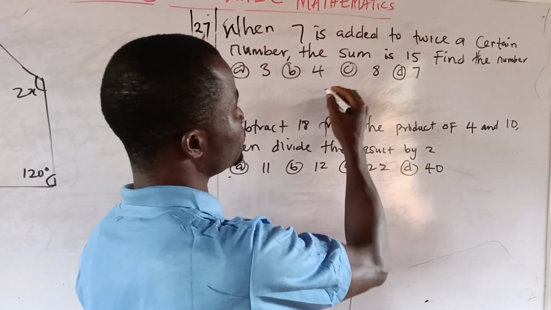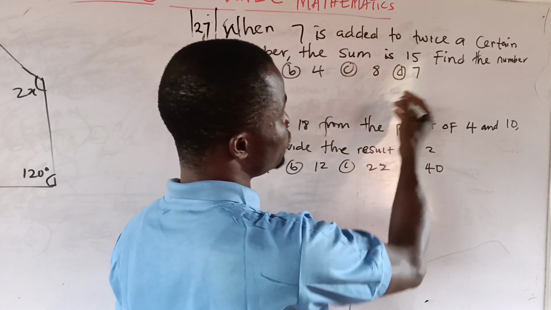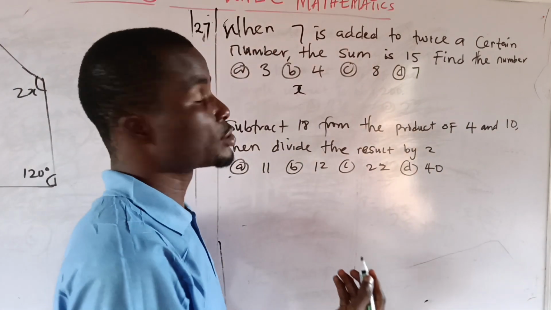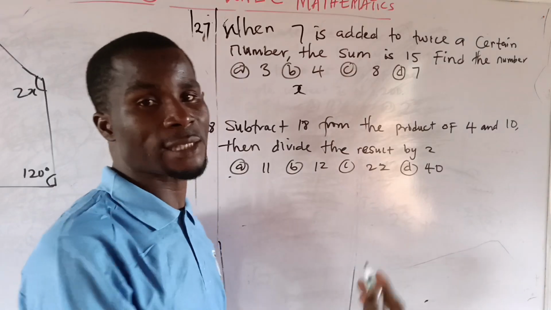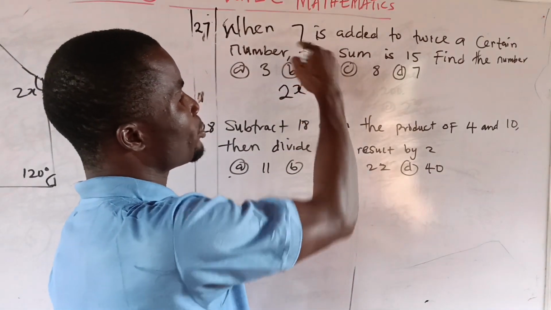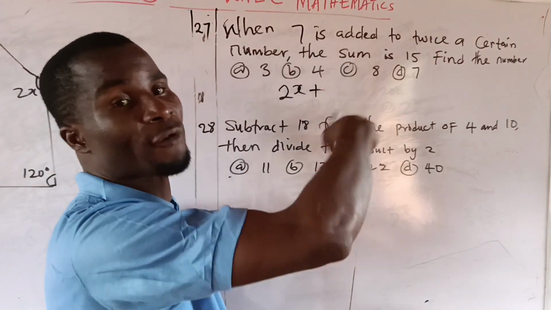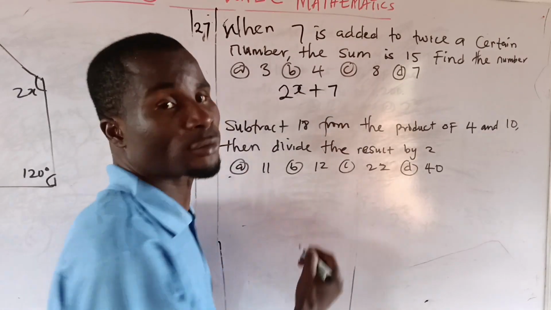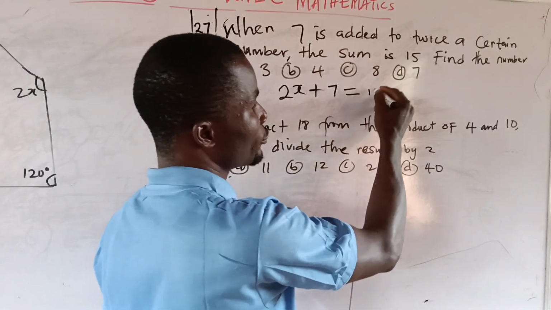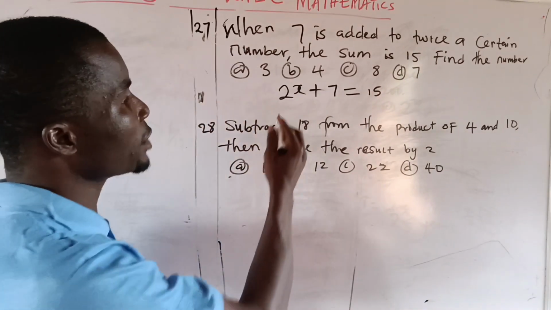So let's put the number as x. Twice a certain number is 2x plus 7. Because they say when 7 is added, the sum will be equal to 15.